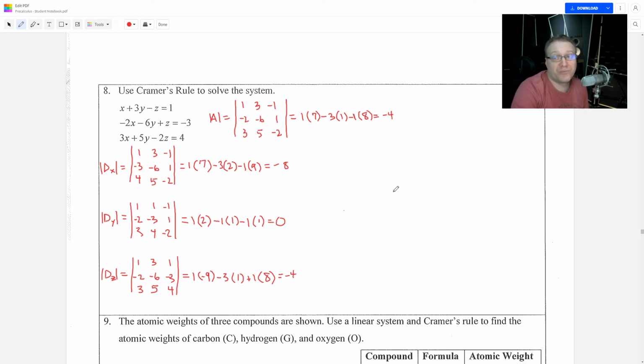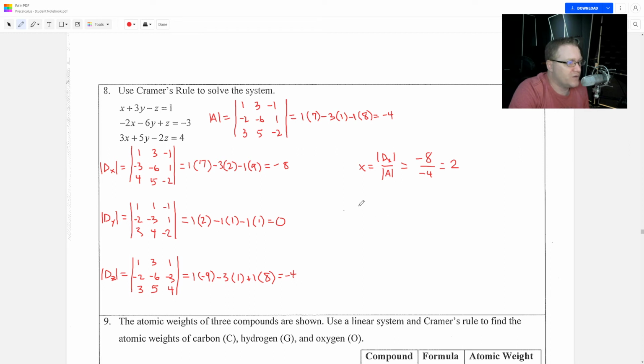That's the long part. Now the easy part is just finding x, y, and z. So we know that x is going to be the determinant of dx over the determinant of a. In this case dx is negative 8, and the determinant of a is negative 4, so it's going to be negative 8 divided by negative 4, which is positive 2.